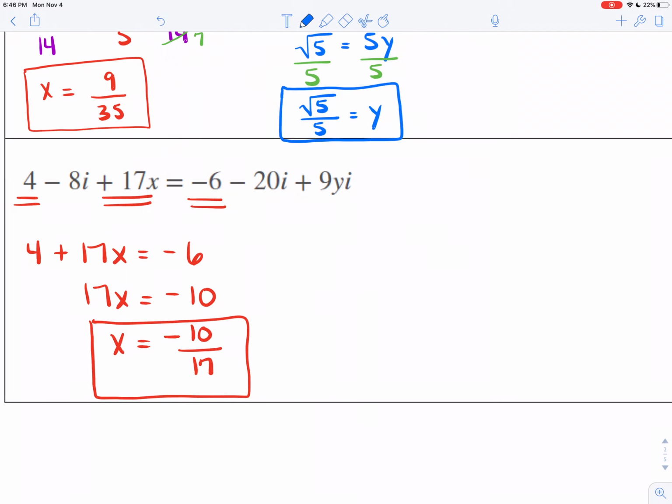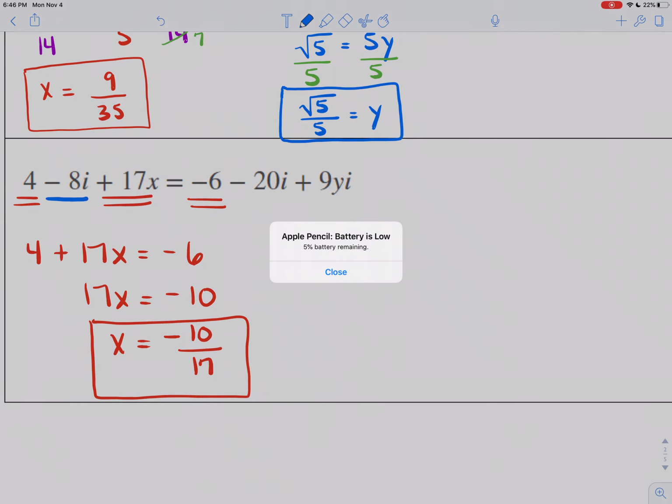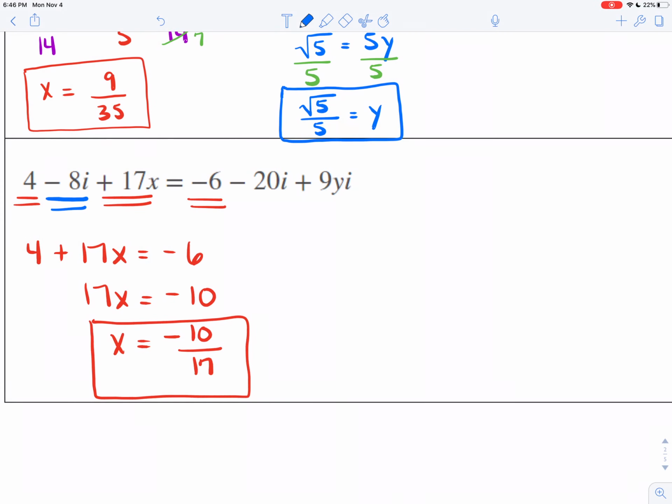Now the imaginary parts, the parts with the imaginary unit, including their sign, would be my negative 8i, and over here my negative 20i plus 9yi. So again, setting those equal, I've got negative 8i is equal to negative 20i plus 9y times i.